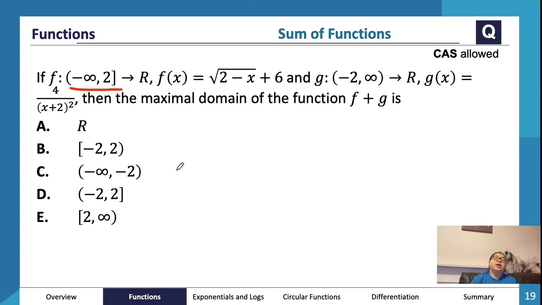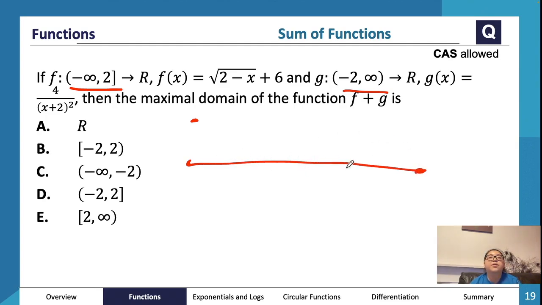Rightio. Okay, so the next domain, for g of x, we have negative 2 to infinity, not excluding both. Right? So then we can draw a little bit of a number line to consider what we're doing.